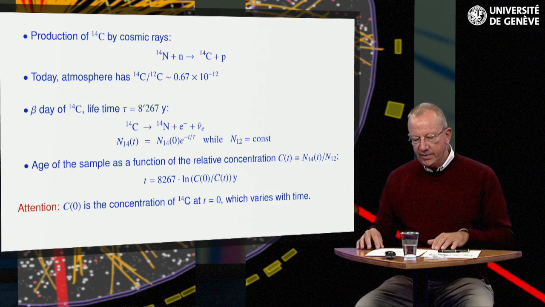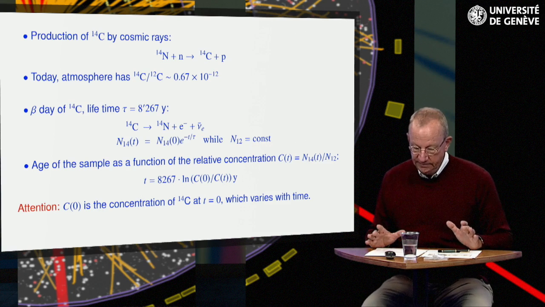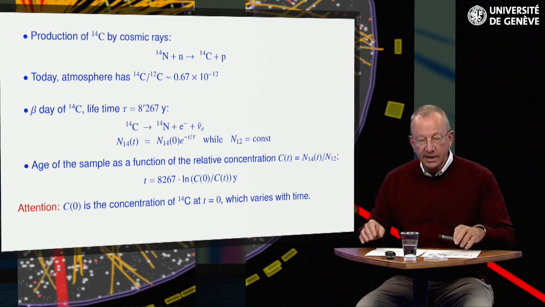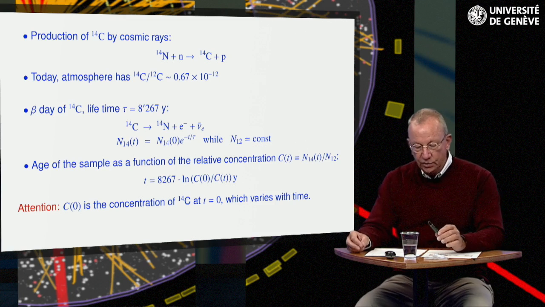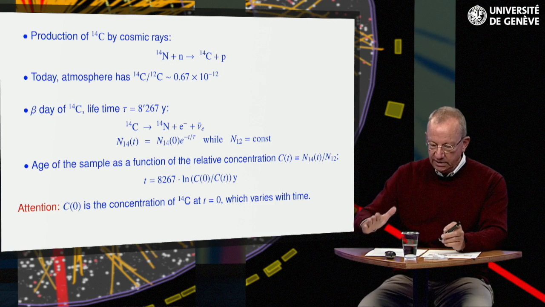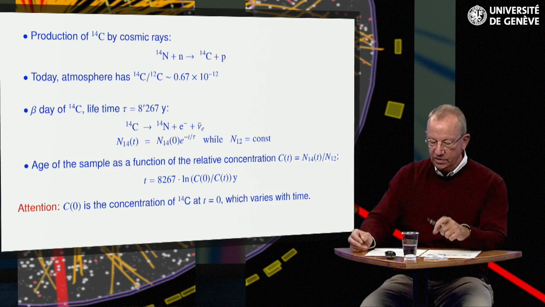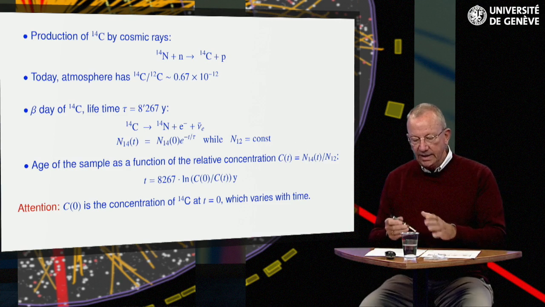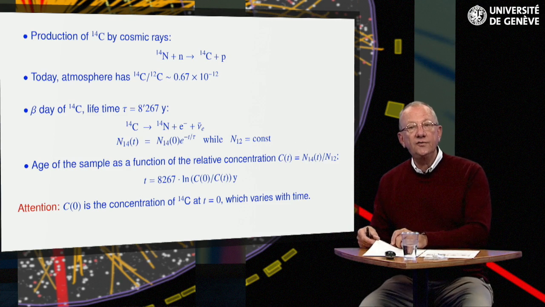Living organisms like plants consume carbon dioxide for their photosynthesis and will integrate both carbon isotopes alike. When the organism dies, the CO2 ingestion stops. From then on, the carbon-14 component slowly decays, but the level of carbon-12 will stay constant. One thus uses the relative concentration of the two isotopes to estimate the age of fossils.